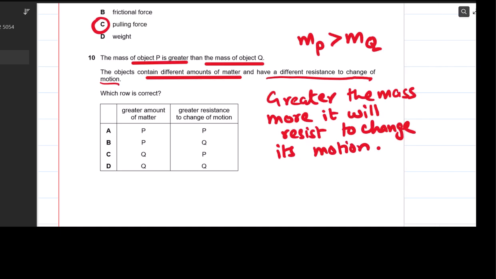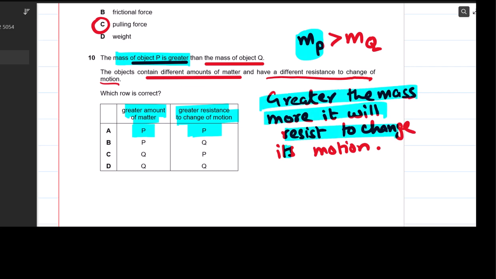So greater resistance will be of greater mass. P is having greater mass, so greater amount of matter is going to be in object P. So greater resistance to change of motion is seen by P according to the statement of inertia. So you have to remember this.